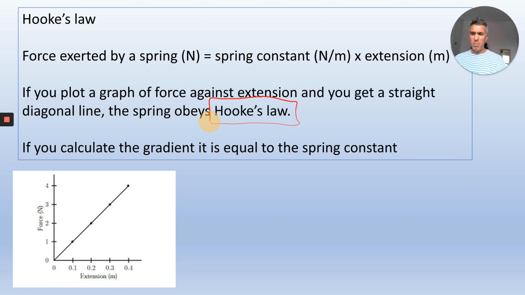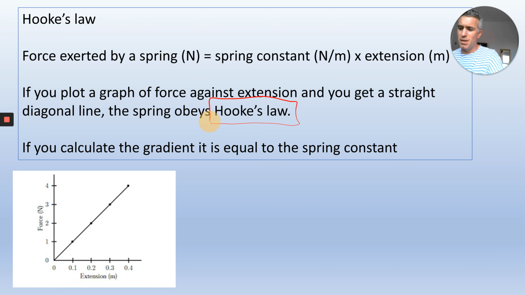And Hooke's law basically says the extension is directly proportional to the force applied to the spring, which basically means whatever you put on the spring, it will extend in a proportional manner.